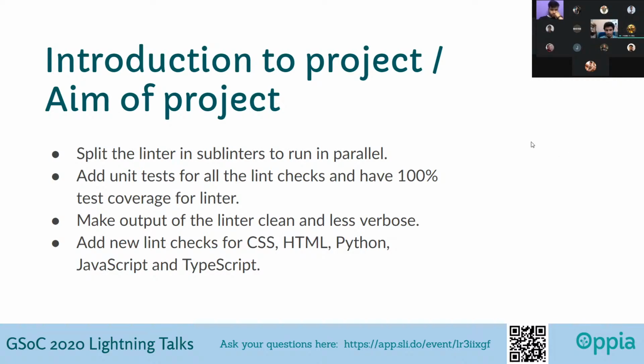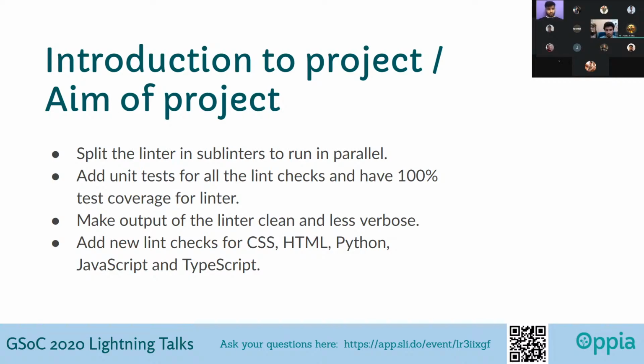I split all the lint checks into 4 or 5 different modules, and in each module we have 2 classes, one for custom lint checks and one for third-party lint checks. The custom lint checks are hand-coded by the developers, and for third-party we have libraries like PyLint, ESLint, Stylint and HTMLint.